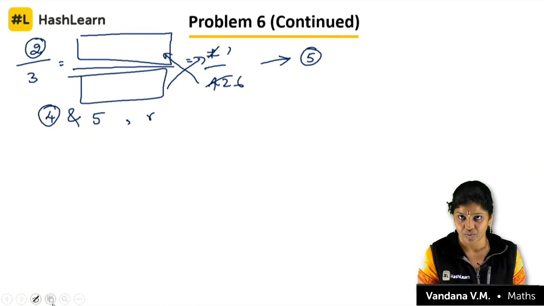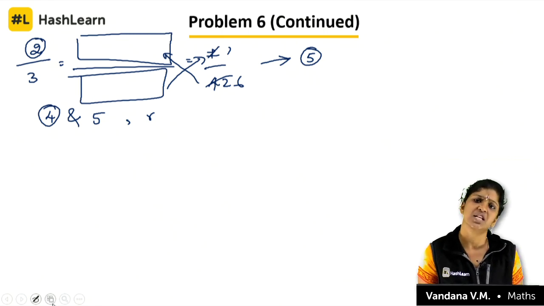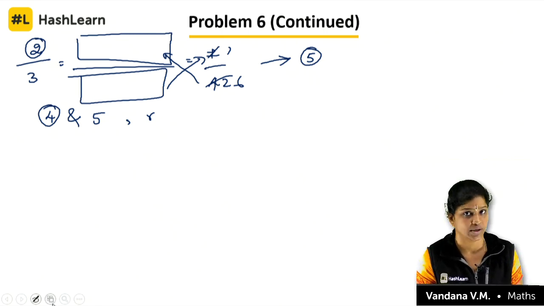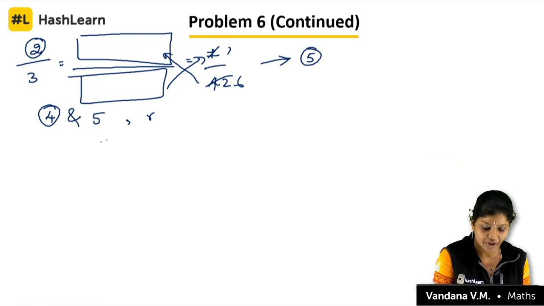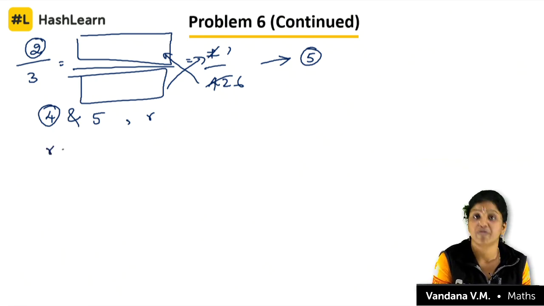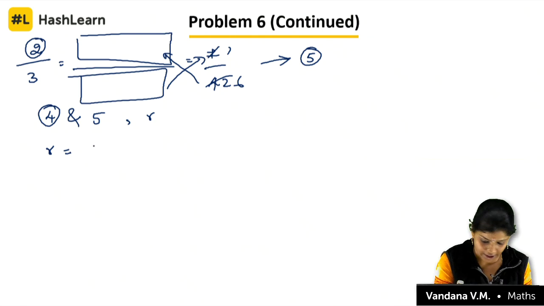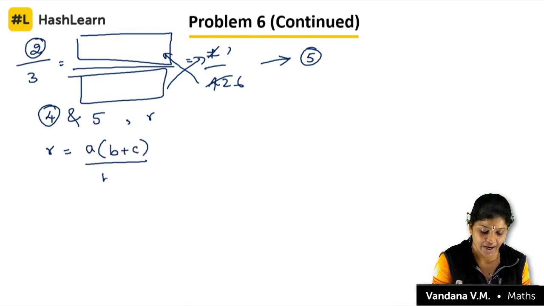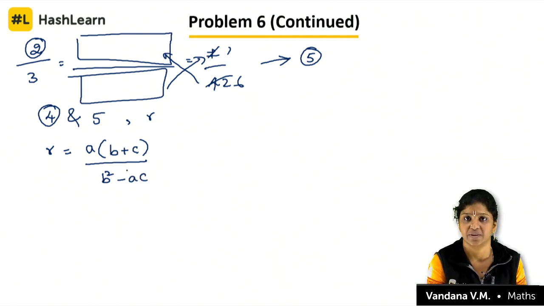So that is the reason why I said, when A, B, C are consecutive terms, if they are making some ratio, whatever the ratio it is, the formula for r is A into (B plus C) divided by (B square minus AC) to find the rth term.